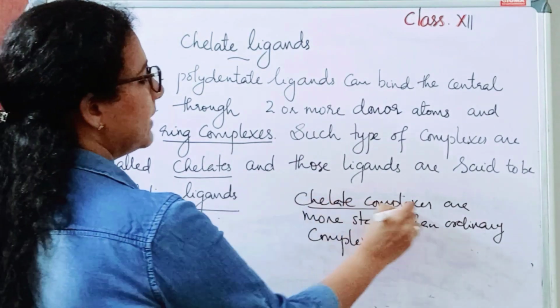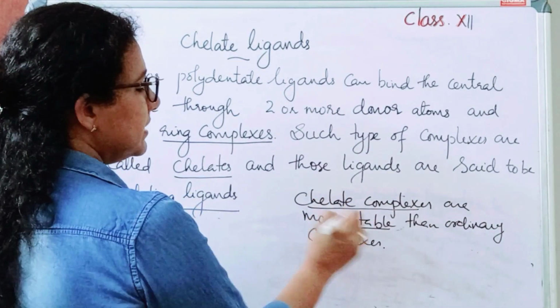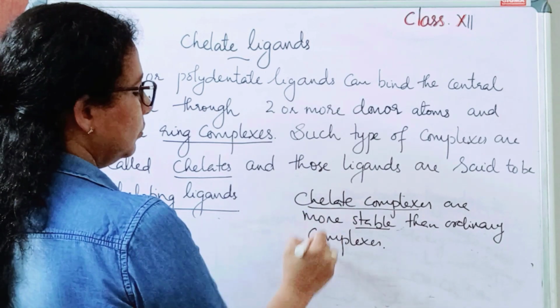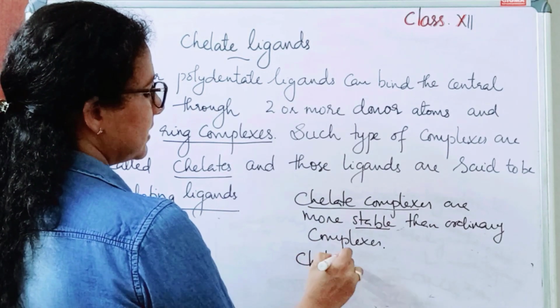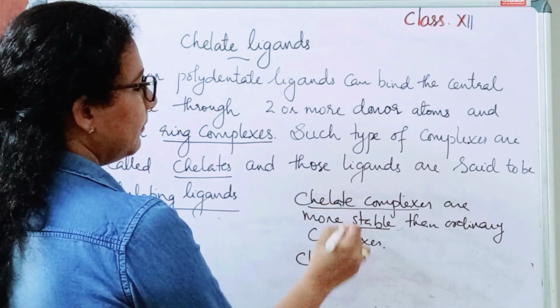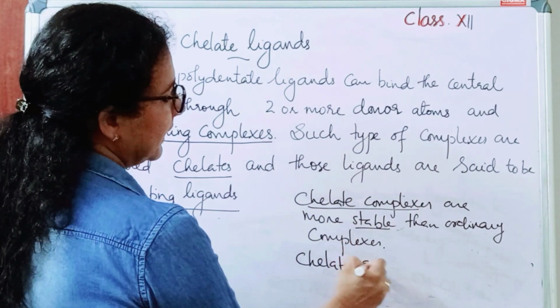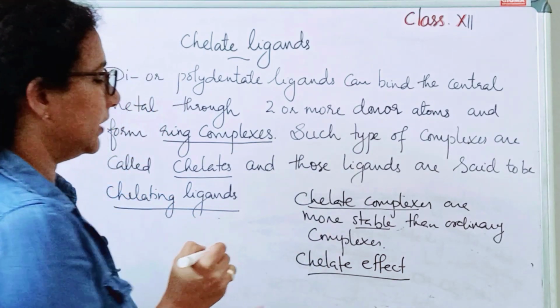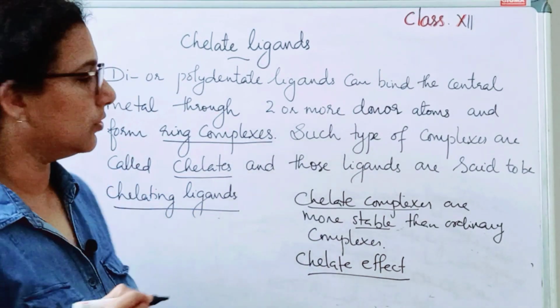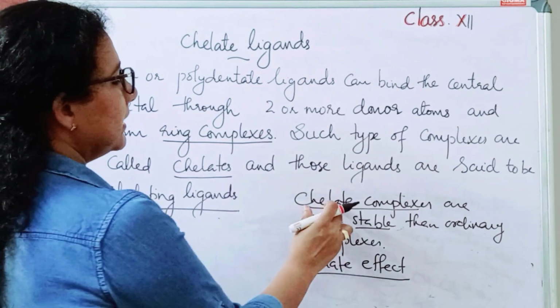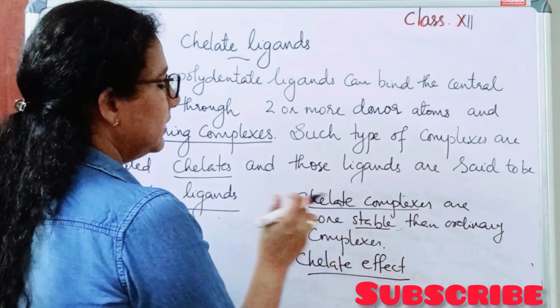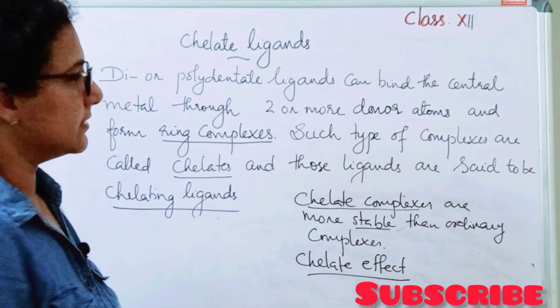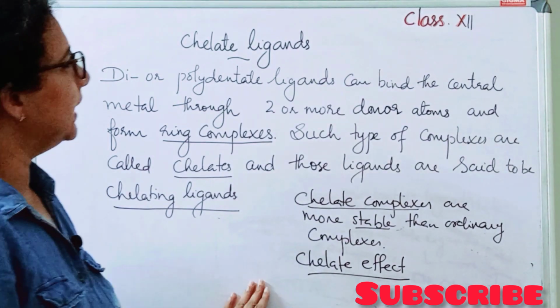The stabilization is due to the chelate effect. The chelate effect gives the stabilization of these complexes. So we can say the chelate complexes are more stable than ordinary complexes. So this is about chelate ligands.